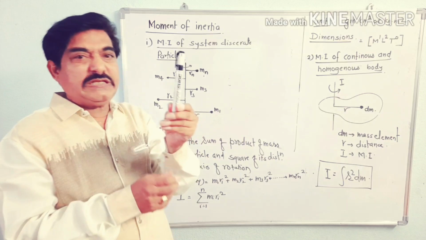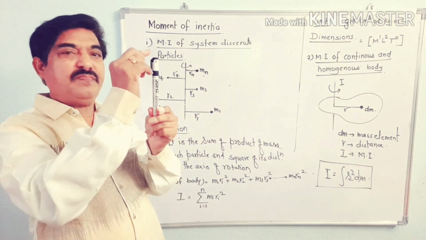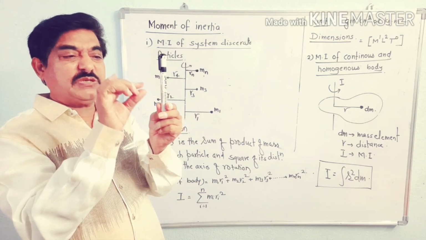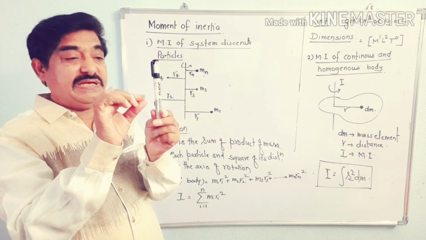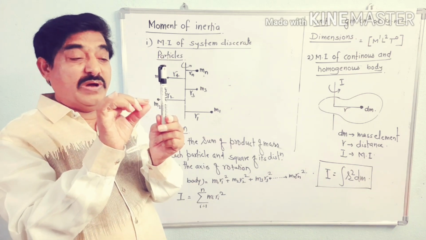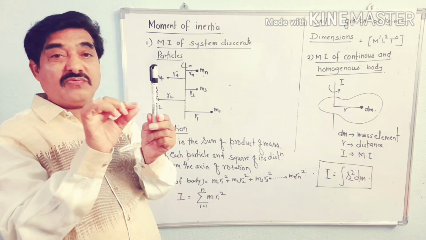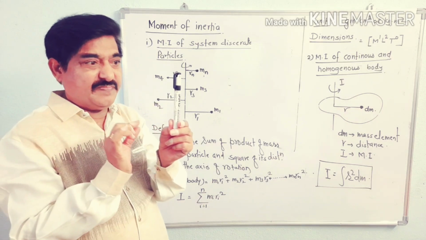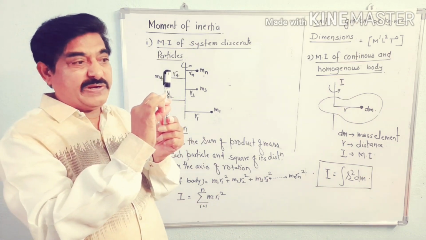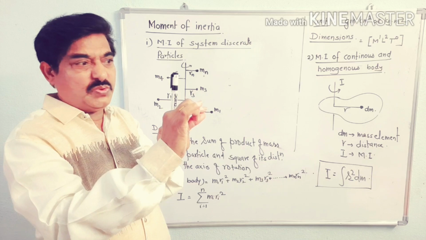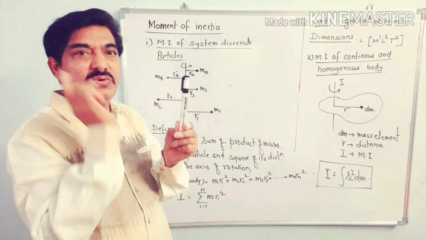Let us suppose this is the axis of rotation, and the first particle or point mass M1 is kept at a distance R1 from the axis of rotation. Here the second particle of mass M2 is kept at a distance R2.